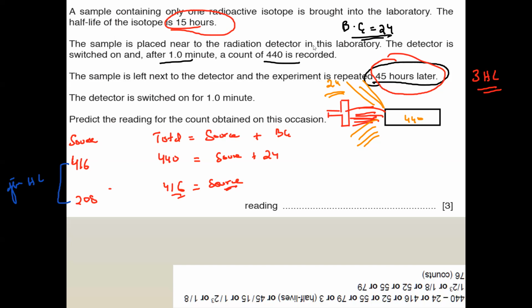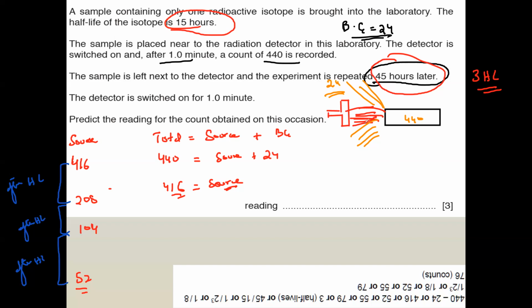Then after another half-life, 208 will become 104. Then after another half-life, why 3 times? Because 45 hours means 3 half-lives. Half of 104 is 52. So the source radiation will become 52.